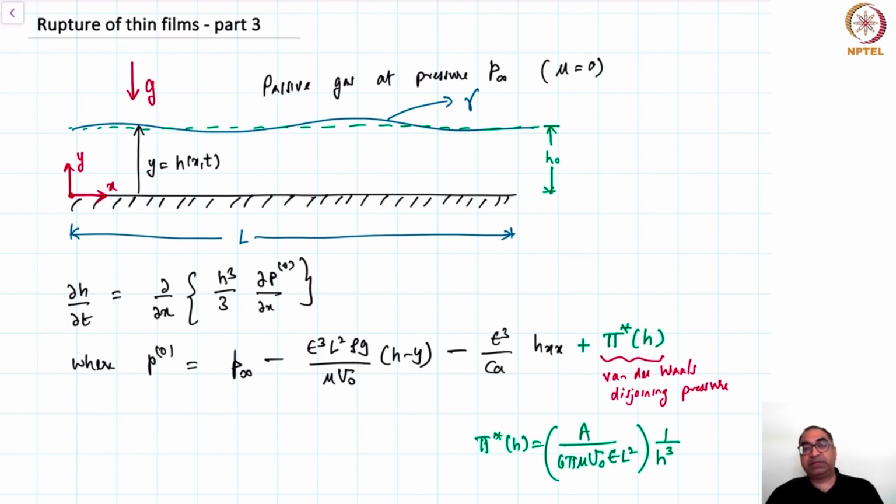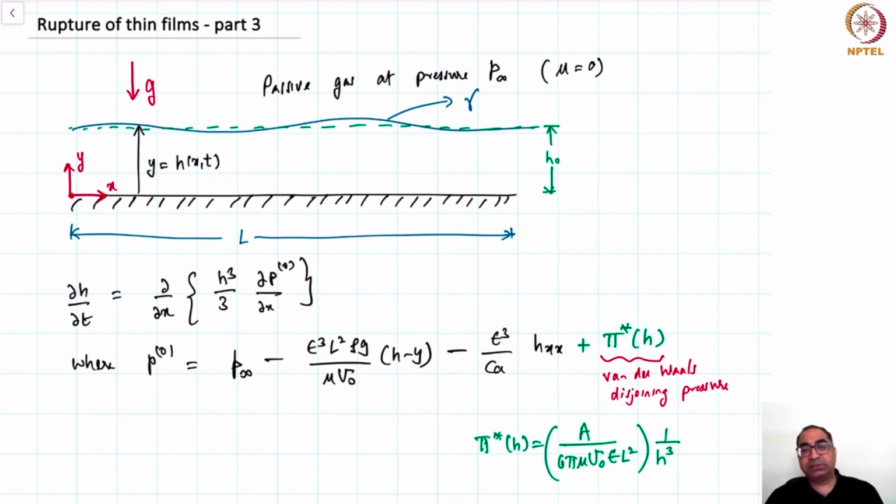And finally, in the previous lecture, we discussed the role of a new term which can contribute to rupture of the thin film, which is the disjoining pressure. This disjoining pressure is from the intermolecular force named as the van der Waals force.